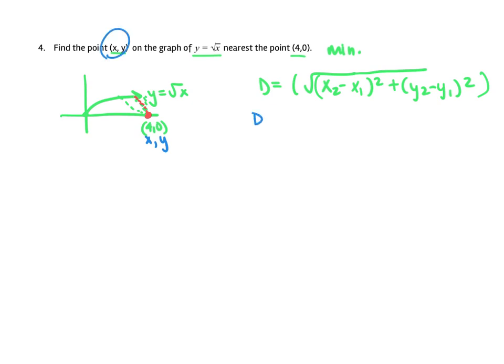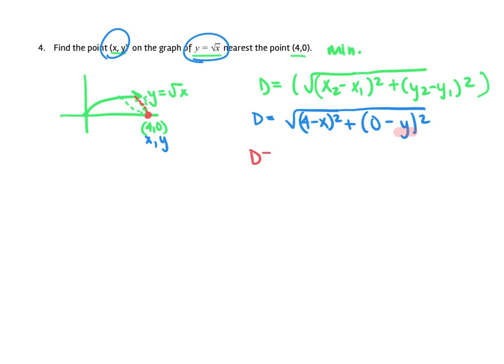So what I get for a distance formula is the square root of 4 minus x being squared plus 0 minus y being squared. And I know that y is equal to the square root of x. So I'm going to replace my y's right here with that square root of x.